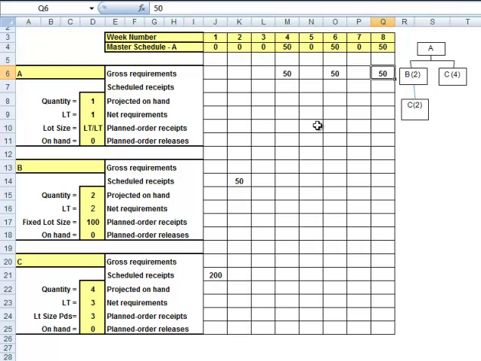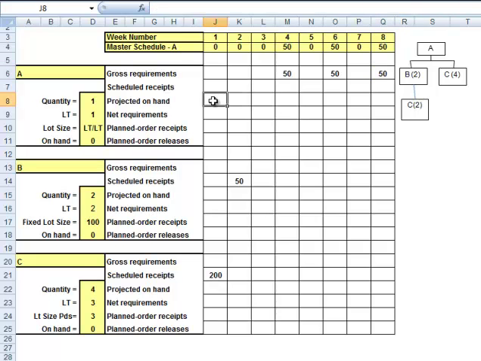The second step in the procedure says to calculate the on-hand inventory for the first time period using a formula that the projected on-hand inventory is equal to the inventory projected on-hand in the previous time period minus any gross requirements in the current time period plus any scheduled receipts.